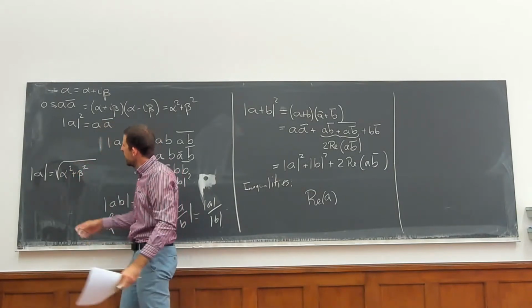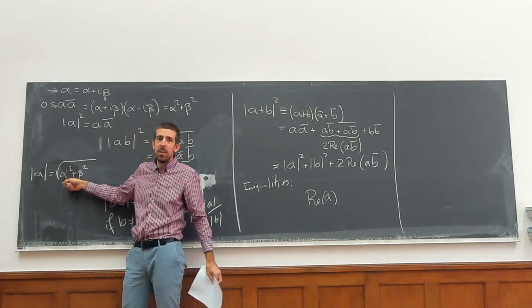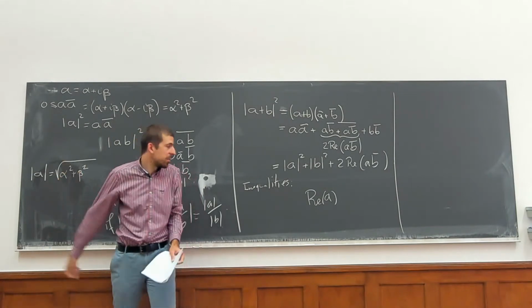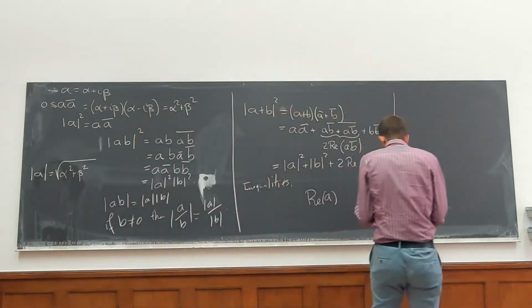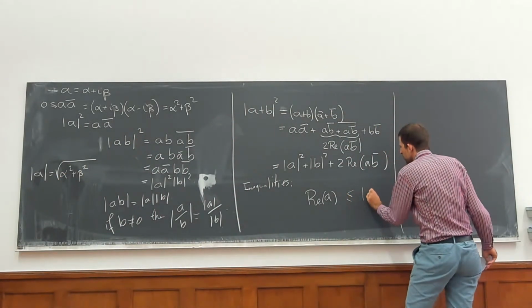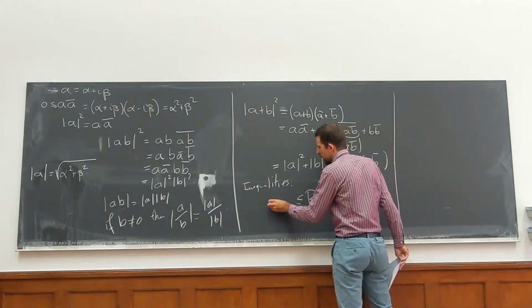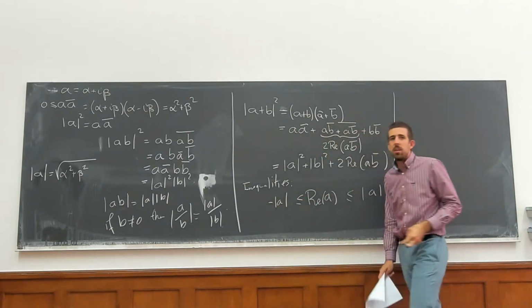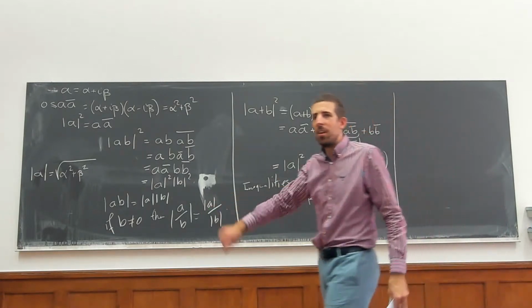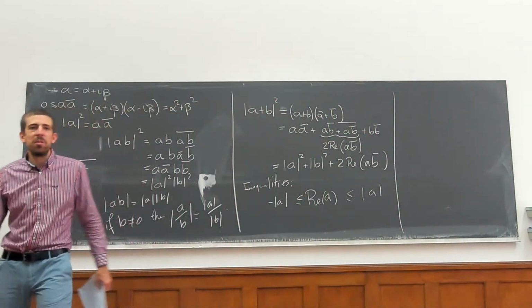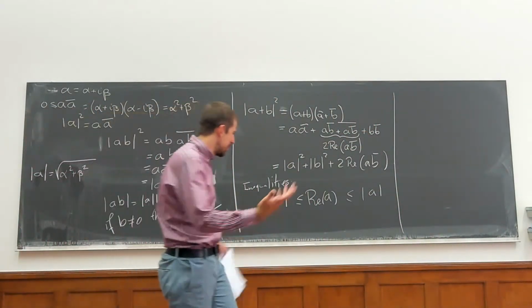So in particular, alpha is always smaller than this, and so is minus alpha. So the real part of a number is always between minus its modulus and its modulus. It's just saying that an entry in a vector is always smaller or equal to the norm of the vector and bigger or equal to minus the norm of the vector.